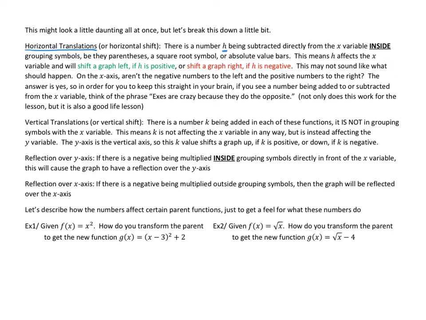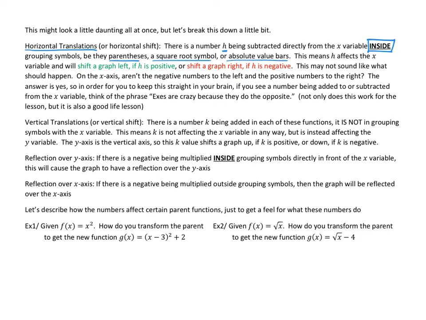But you'll notice that h is being subtracted directly from the x variable inside grouping symbols. So that h is paired up with x, either by parentheses, a square root symbol, or absolute value bars. So when you have something paired up with x, that means it affects the x variable.